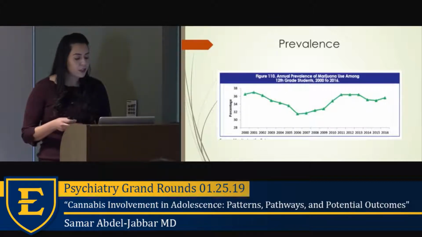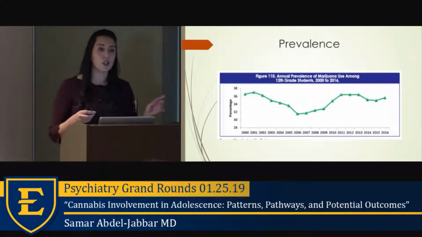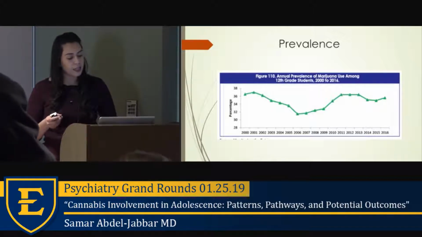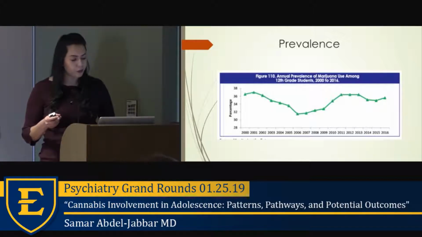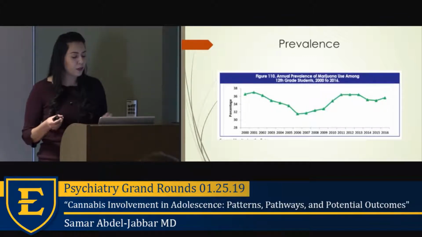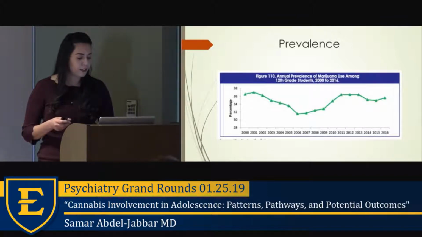From 1996 to 2016, daily marijuana use, which this survey defined as using marijuana on 20 or more occasions in the last 30 days, was reported by students in the 8th, 10th, and 12th grade. 8th graders reported about 0.8%, 10th graders about 2.9%, and 12th graders 5.9%.